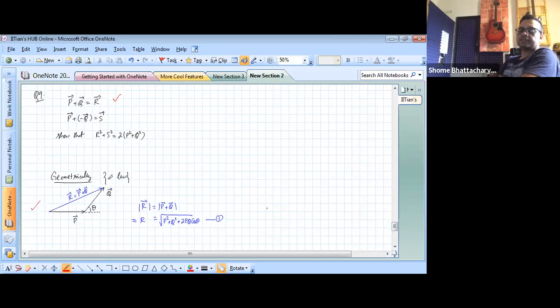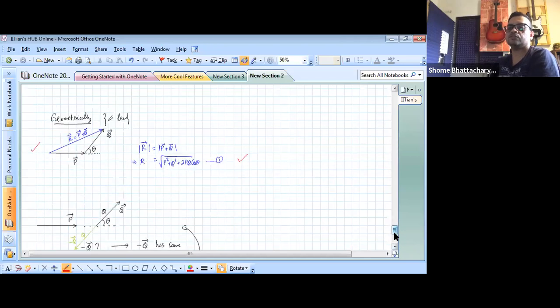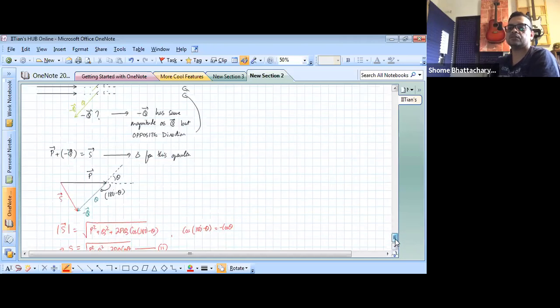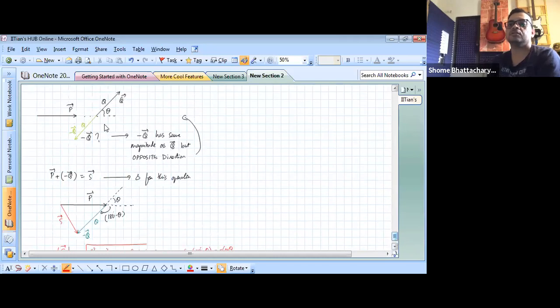This application of triangle law is giving us this formula. And next we will solve this operation. But for that we first have to understand what is the vector minus Q. So the vector minus Q is this one. So what am I adding to P? I am adding minus Q. This one.